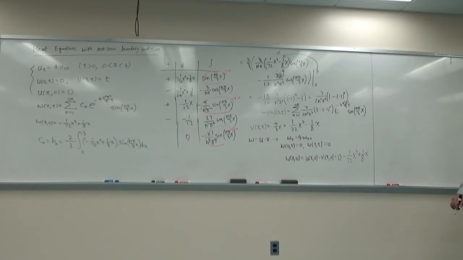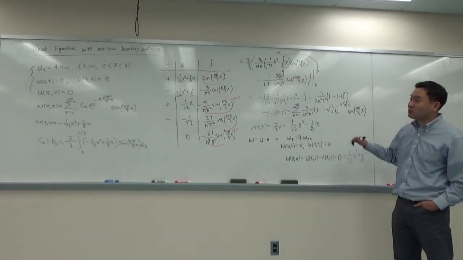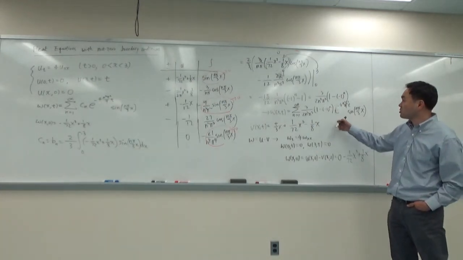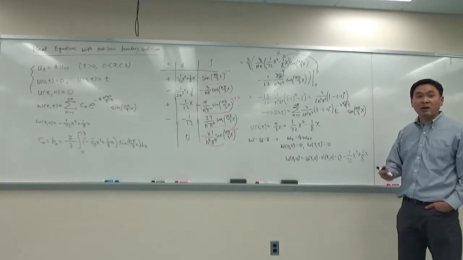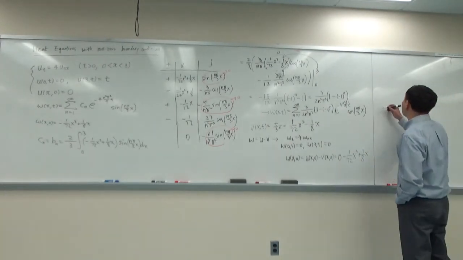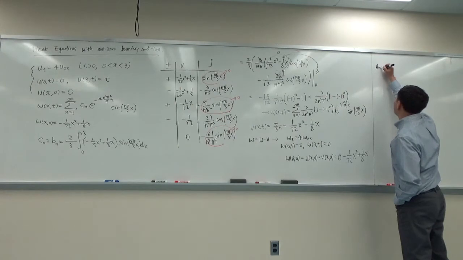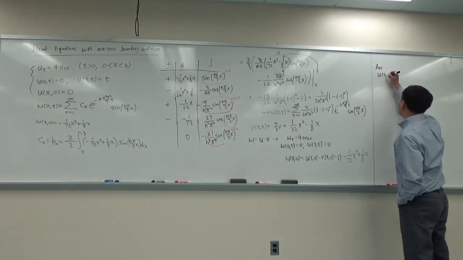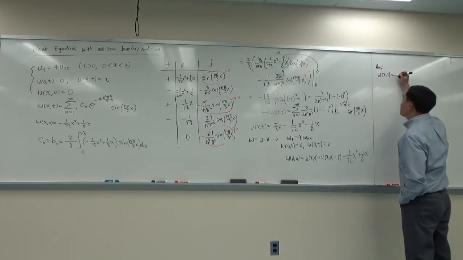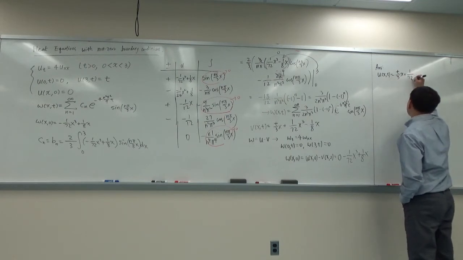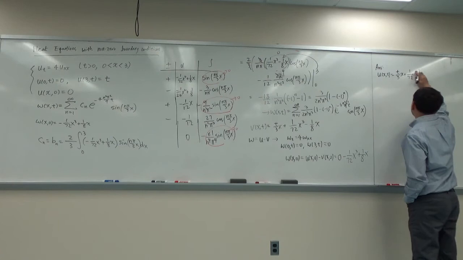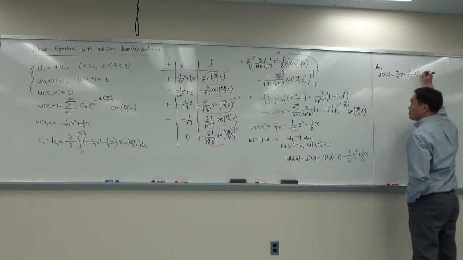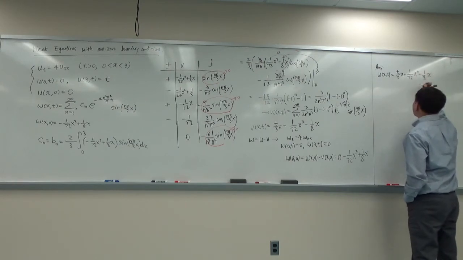Okay, and now that I have u, because u is v plus w and I have both, I can write down the final solution. So the final answer would be u(x,t) equals t over 3 x plus 1 over 72 x cubed minus 1/8 of x.